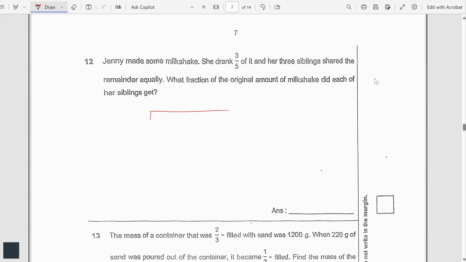So 5 units. Out of the 5, she drank 3. Then the remaining goes to the 3 siblings.